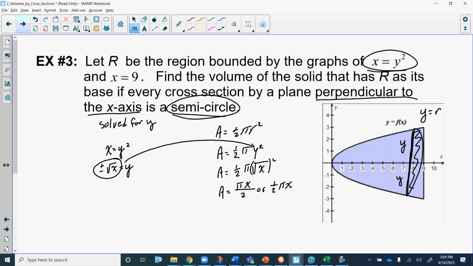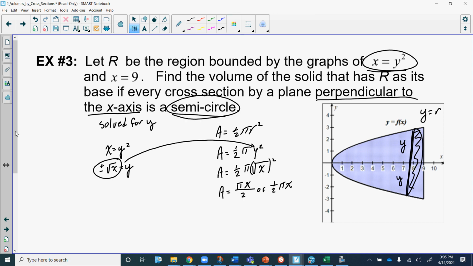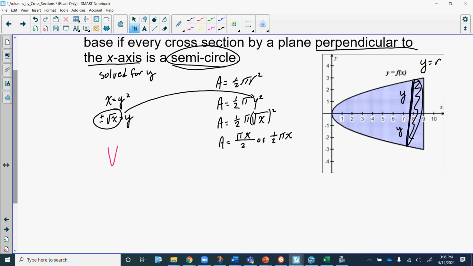But now that we have that, we are able to do our volume with our integration. For the integration, what interval are we integrating over? Because we're going perpendicular to the x-axis, we're doing everything vertical with respect to x.